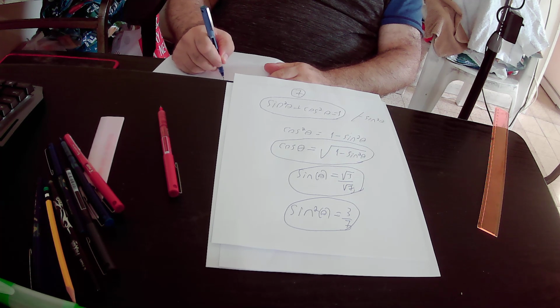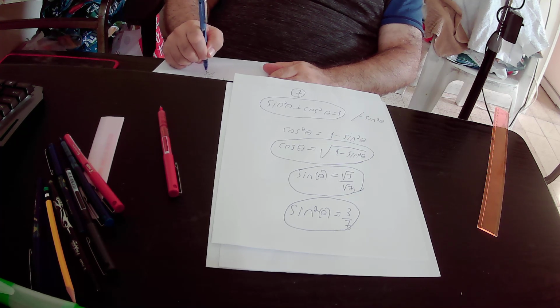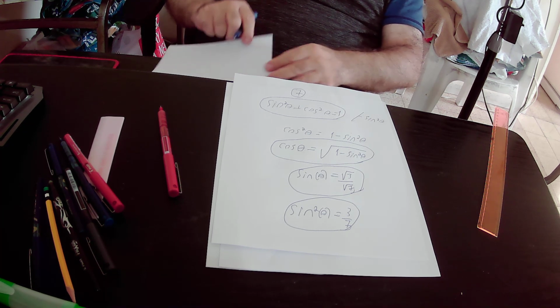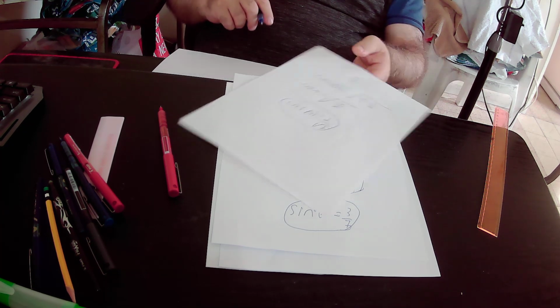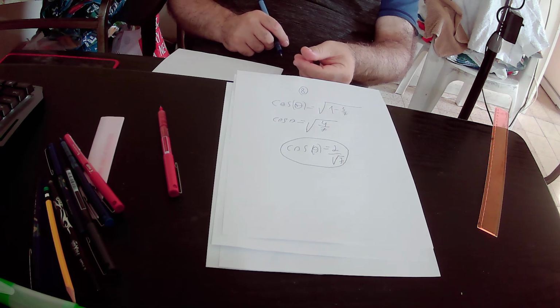So we got that cosine theta equals 2 over root 7.